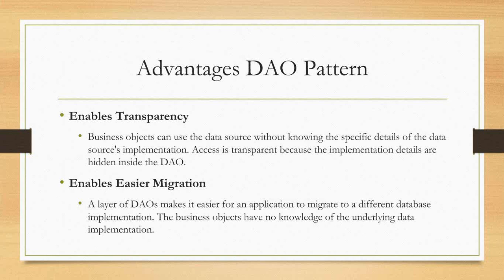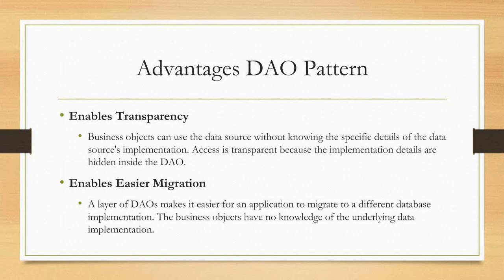Data clients means the objects which take the help of the DAO to interact with the database server to fetch the records or update the records, whatever it is. Because they need the data which is in the database server. So generally we call them data clients. The DAOs will help them in that regard.